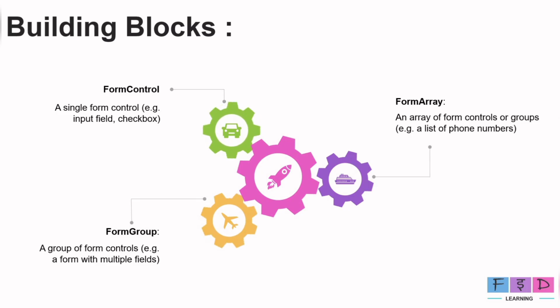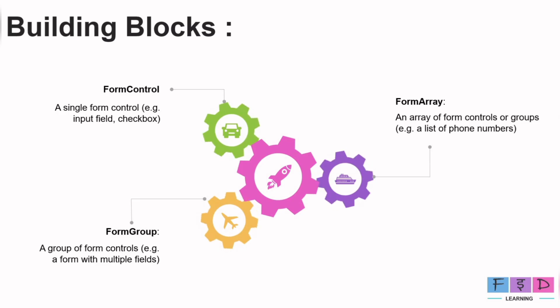Second, form group is a container for multiple form controls and it provides a way to manage multiple form controls as a single unit. And third building block is form array. It is a container for multiple form controls or form groups and it provides a way to manage multiple form controls or groups as a single unit.